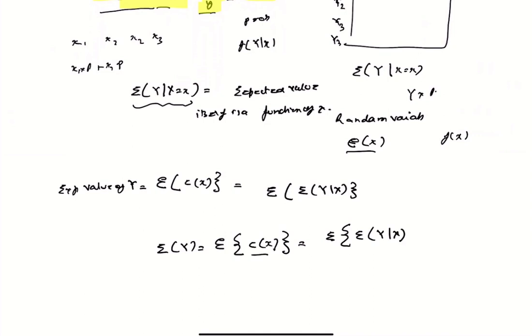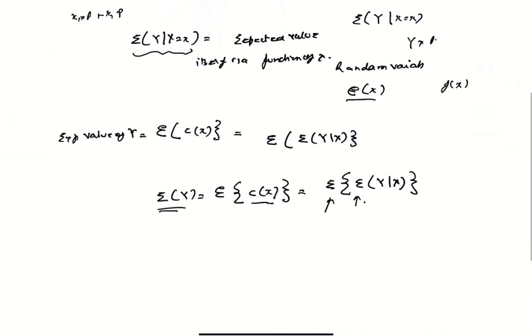So there is an expected value, and then there is an expected value of that, and that is the expected value of y. And this is a formula that can be proven mathematically also. This is nothing but the mean of the mean value of y given x.